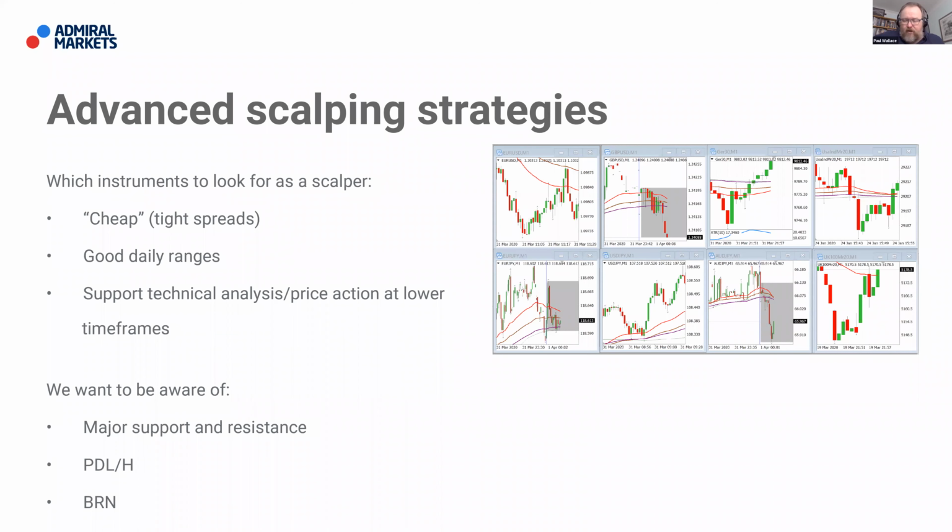Oil, WTI, has had a tight spread of between about 2 to 4 pips, which is tight enough. Because you've got to remember, your spread is a cost of doing business, and so you need to be aware of that in the way you engage and operate in markets.